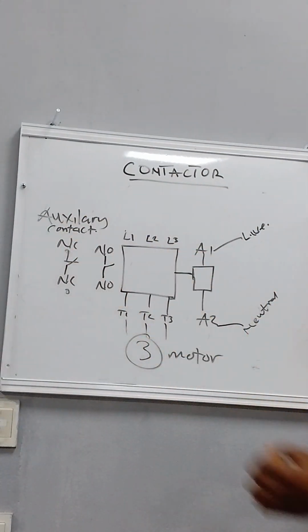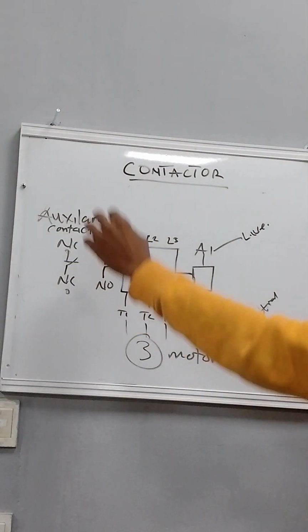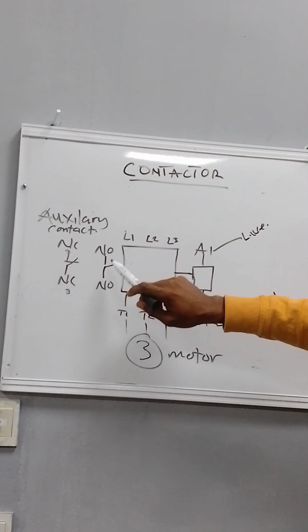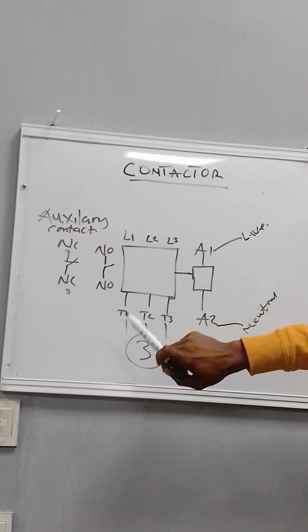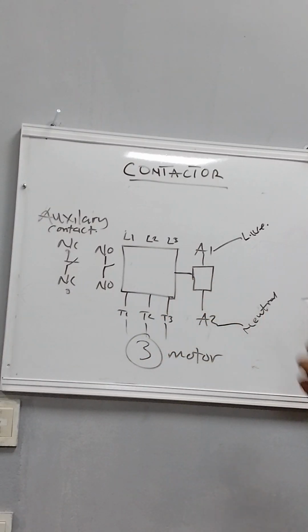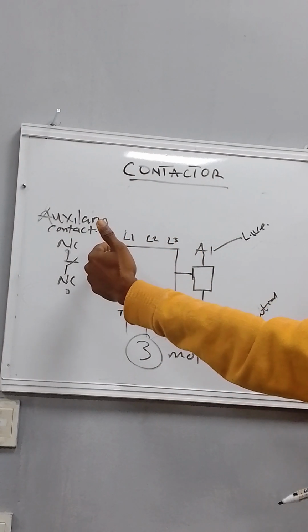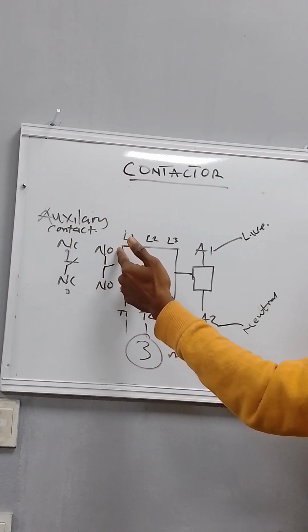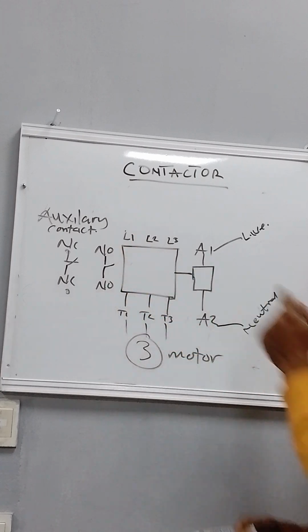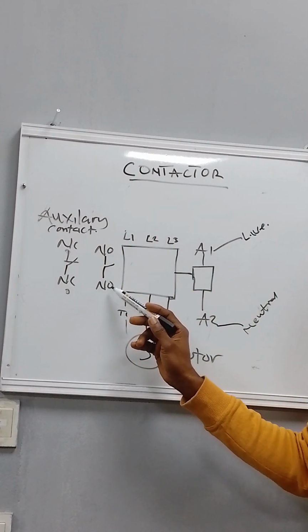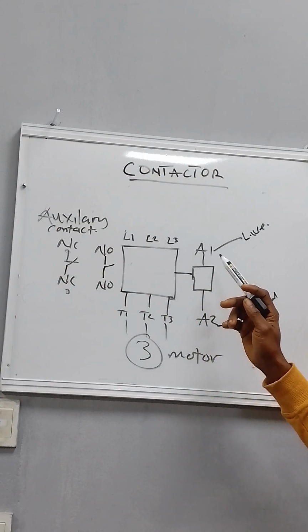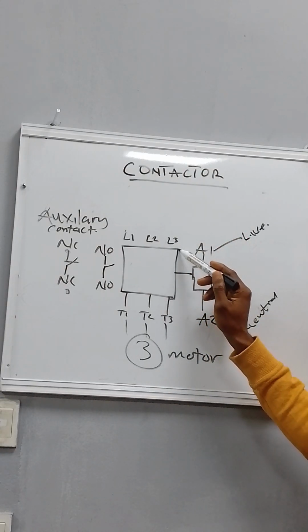We call it auxiliary contact because when power is sent to NO, NO will automatically hold the coil. Power comes to this side, reaches this side, and then holds the coil. When it holds the coil, the contactor will energize.